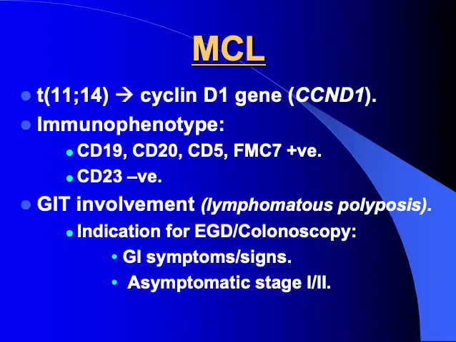Because they could have colon involvement which changes the stage. So if the patient is diagnosed with stage 3 or 4, EGD and colonoscopy is not necessary in the absence of symptoms, but for stage 1 and 2, it is recommended to rule out advanced stage, because this disease is characterized by involvement of the GI tract.